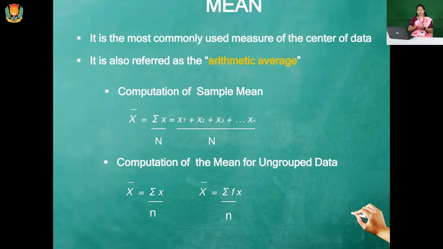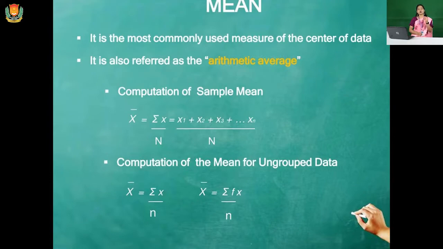Okay, so for the group data we have the formula x bar equals summation fx upon summation f. That means you need to multiply the frequency by the x or whatever class you have been given, and then you will get the fx, and the total of fx will be your summation fx.